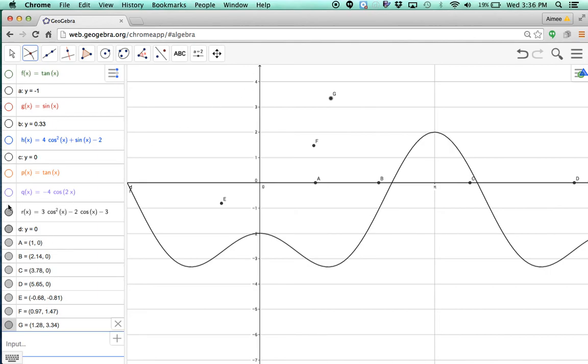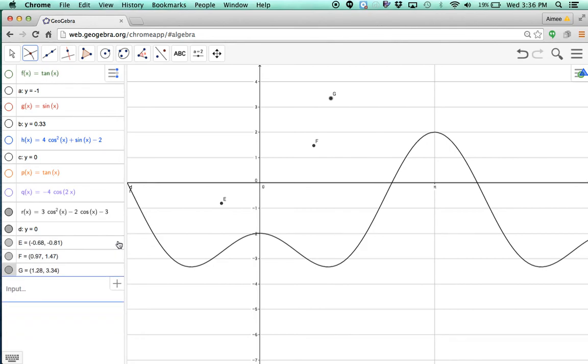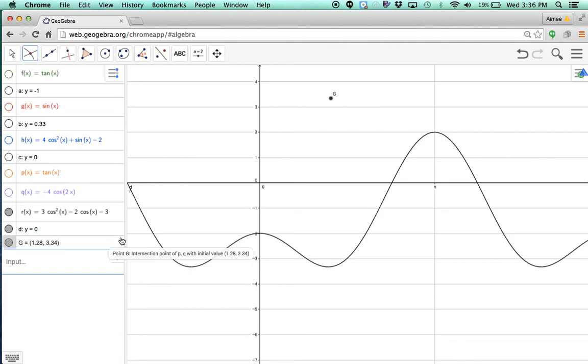And you notice this function is a little bit different than some of the ones we've seen. I'm going to take off some of the points that we have here so that it's not quite so confusing. All right. So we can see the function r of x, and that's the graph of this 3 cosine squared x minus 2 cosine x minus 3.